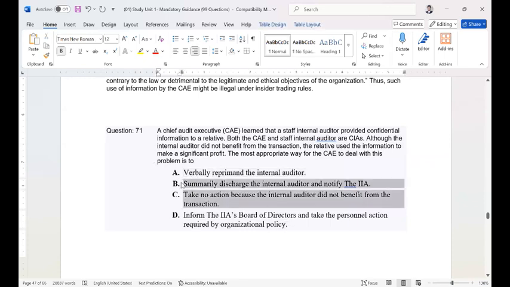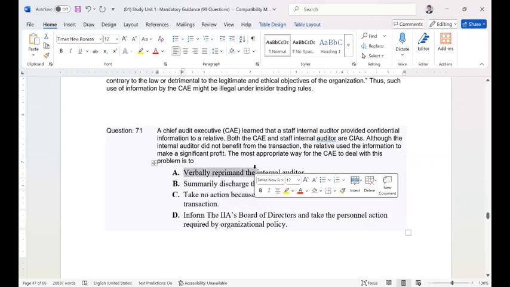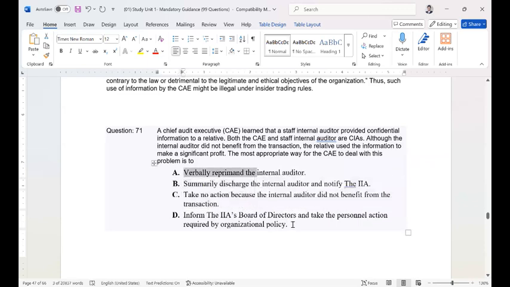So B and C are out. Verbal reprimand is also not, might be, it's a first case, but of course the severity of the action of sharing information is wrong. The verbal reprimand itself, but inform the IIA's board of directors and take personal action. My God.